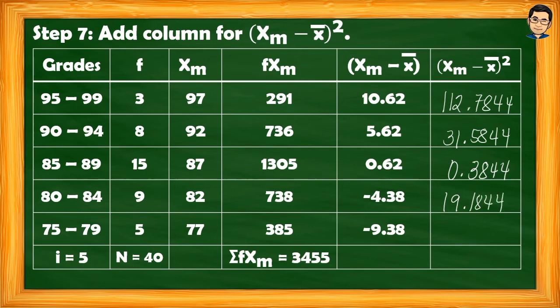And then finally, negative 9.38 times negative 9.38, the product is 87.9844. Okay, so ganyan lang po yung process. Okay, step by step siya. So yan, step number 7 na yan.